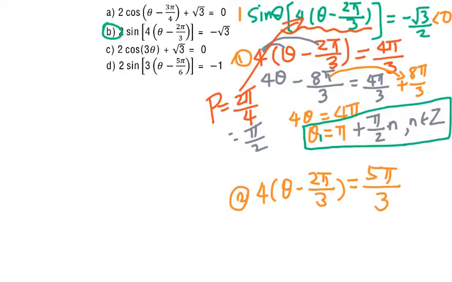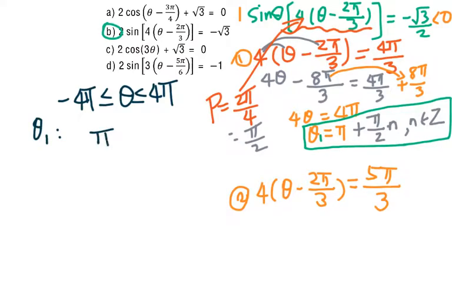Now I want to list the angles between negative 4 pi and 4 pi. So for theta 1, pi is your original theta 1.